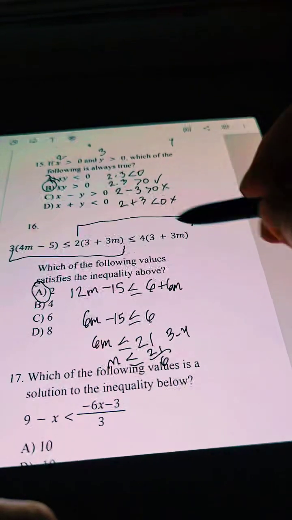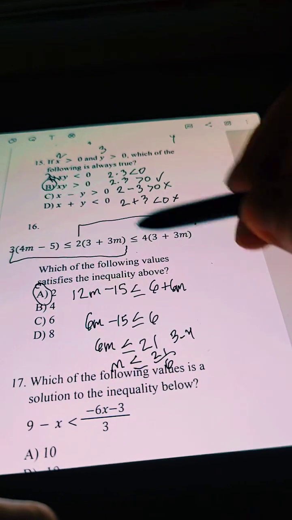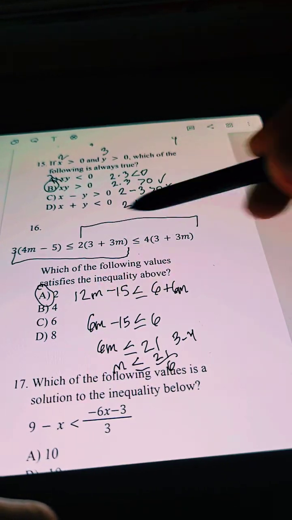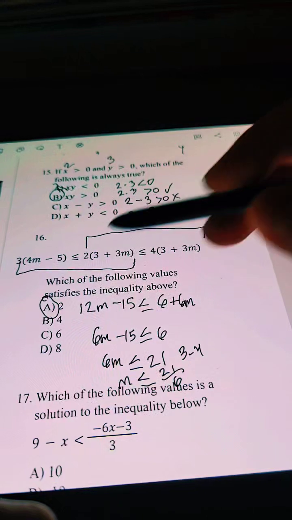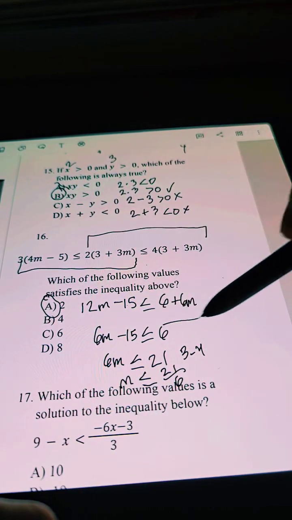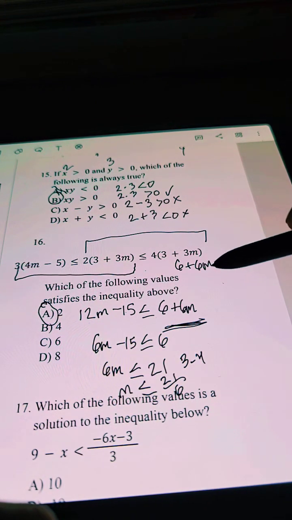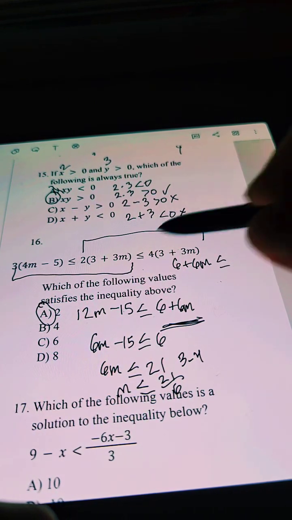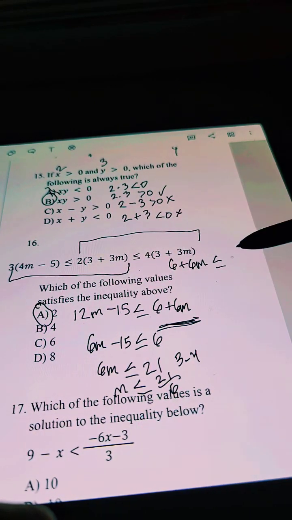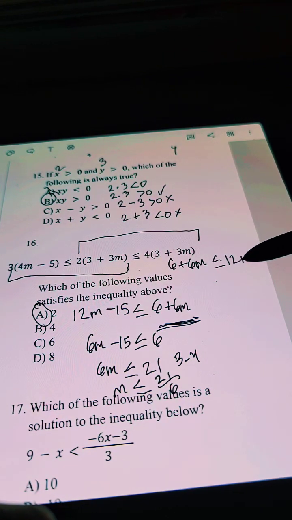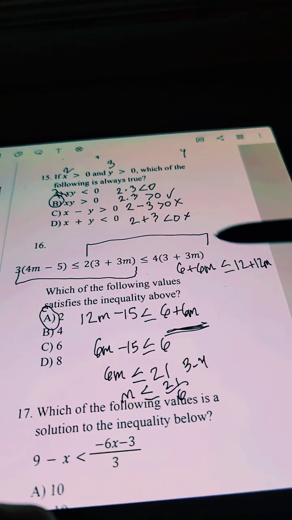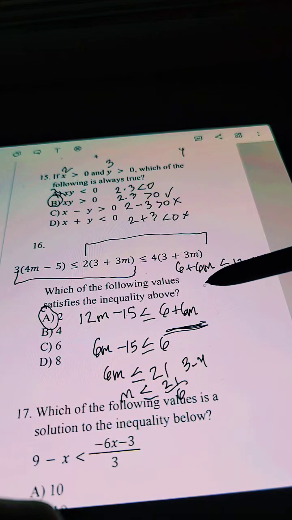If you had to solve the other side, what you would do is say, okay, now I'm working with this portion, which we already got when we distributed the 2. So that's just going to be 6 plus 6m is less than or equal to this portion right here. Let's distribute the 4, so then it's going to be 12 plus 12m. And then now let's solve, so subtract 6m from each side.